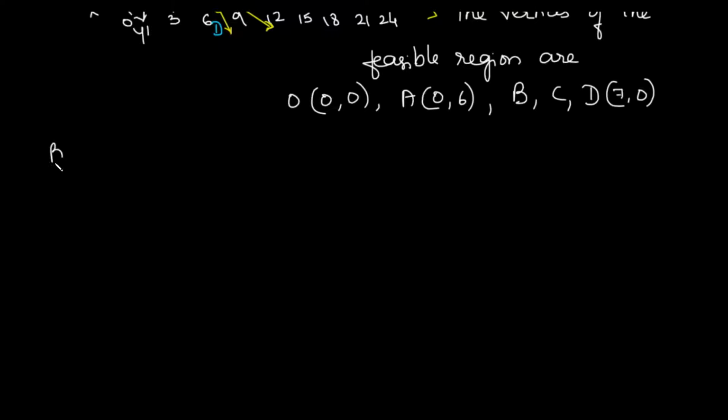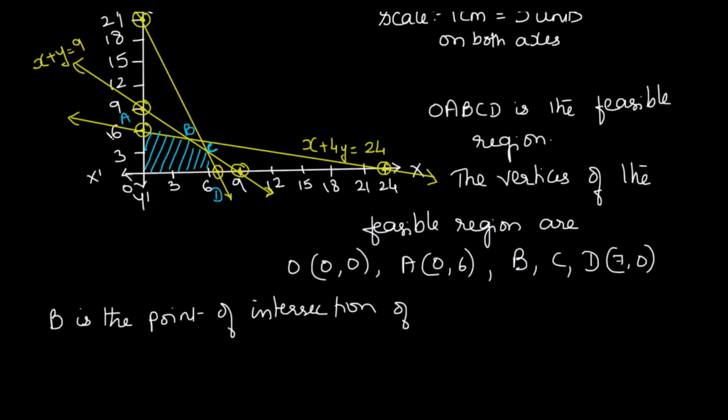Now B is the point of intersection of these two lines. That is, we have x plus 4y is equal to 24 and x plus y is equal to 9. This line we mark as equation 1 and this line as equation 2.